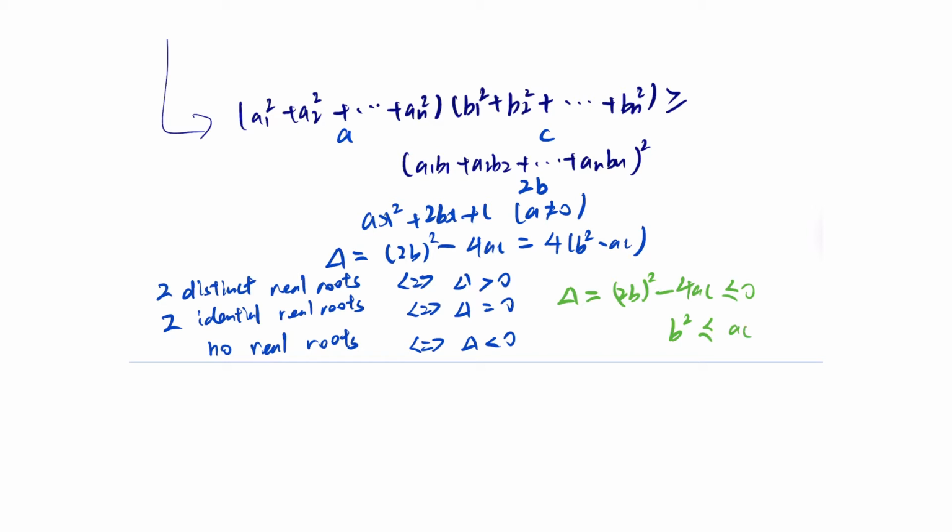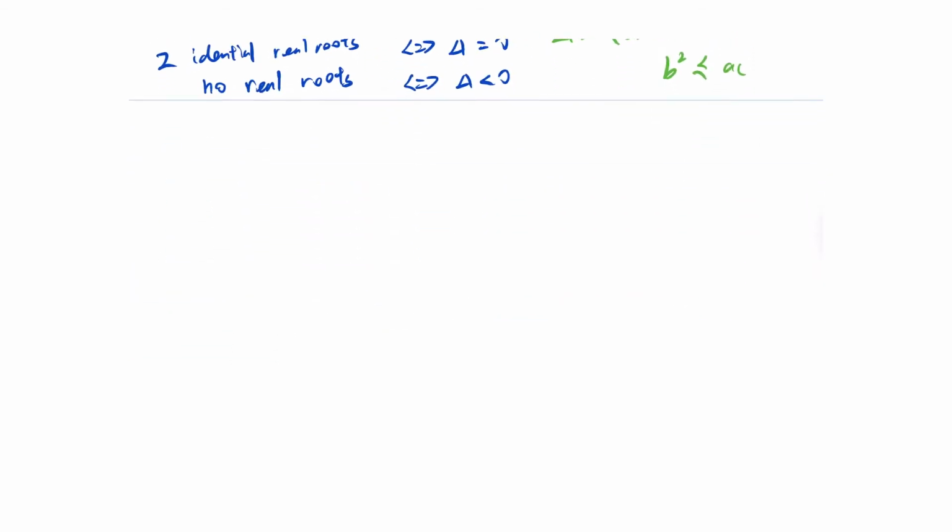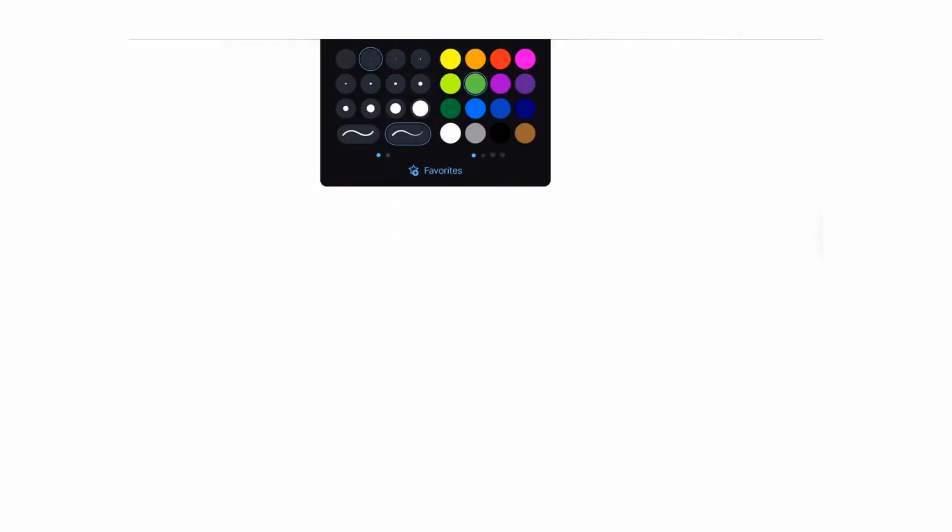So now we can construct the expression (a1 squared plus a2 squared plus all the way up to an squared) x squared plus 2(a1 b1 plus all the way up to an bn) x plus (b1 squared plus all the way up to bn squared).